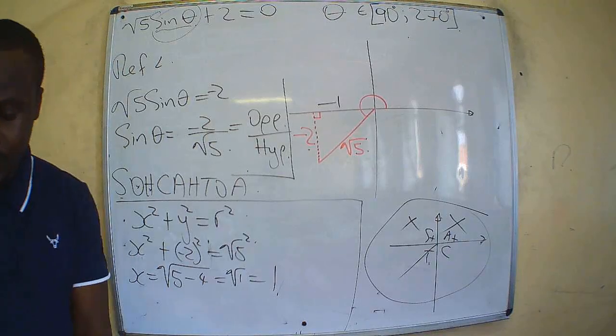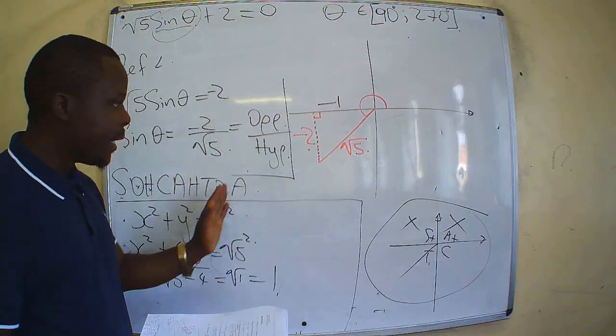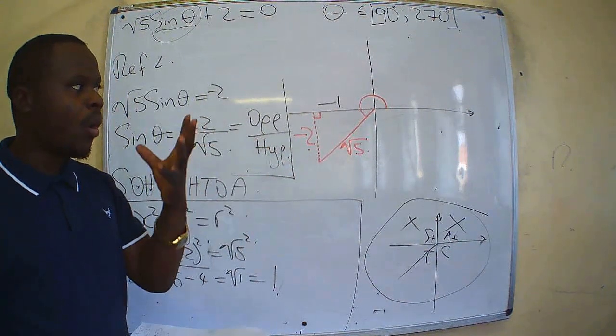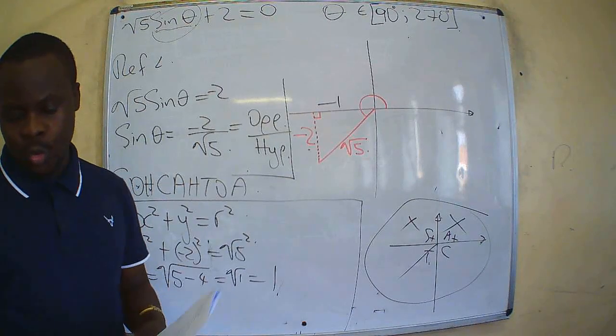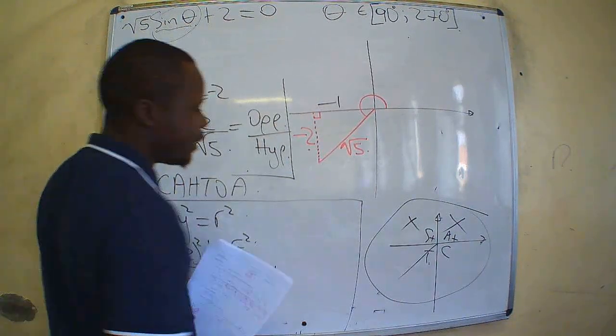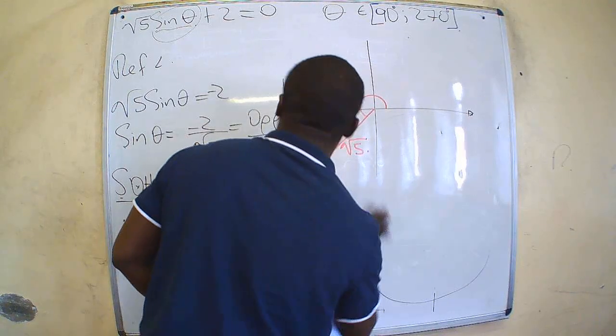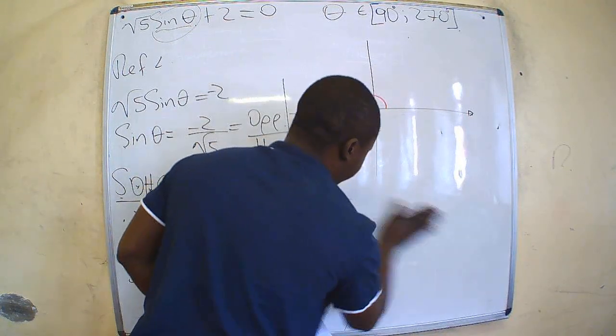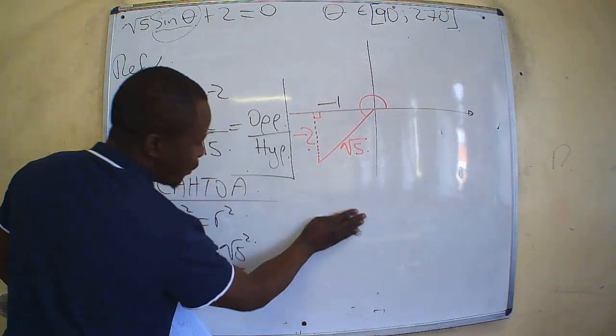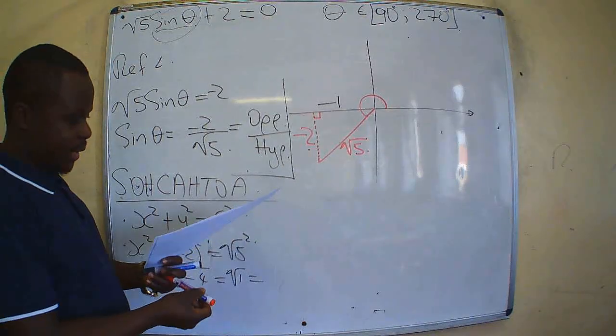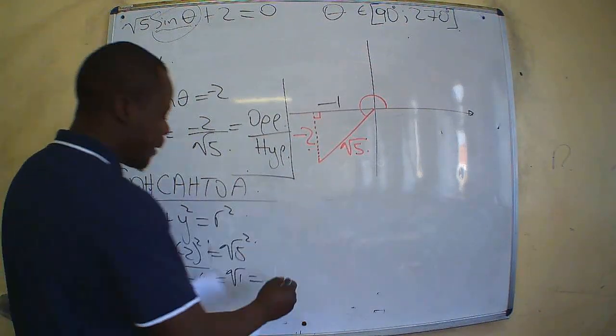Now our next step is to go back to the question to see what exactly we are asked to do. The first question is about tan theta.